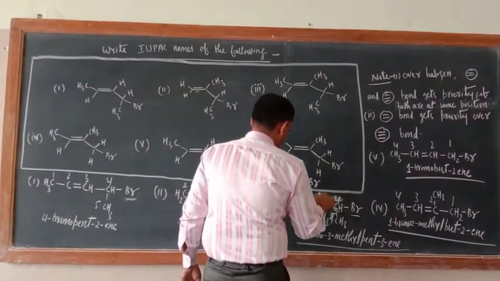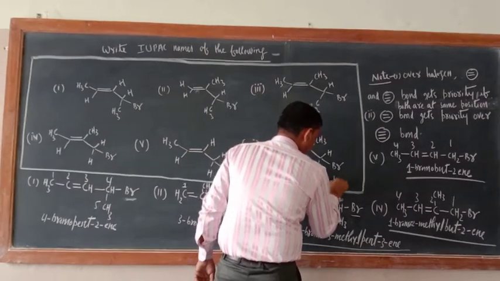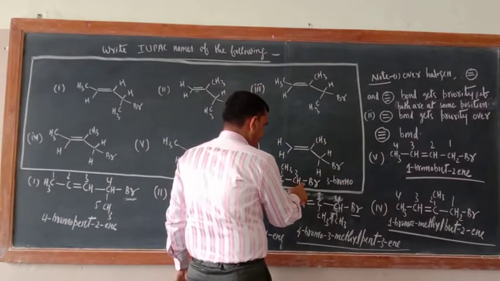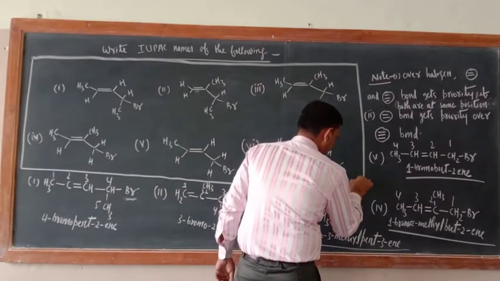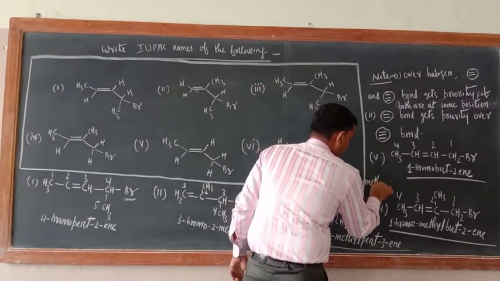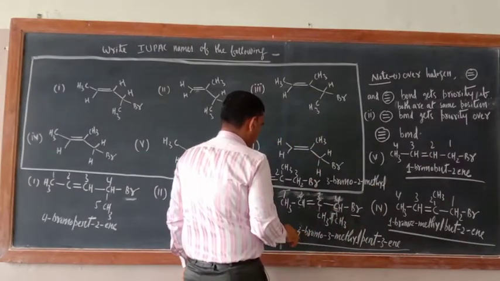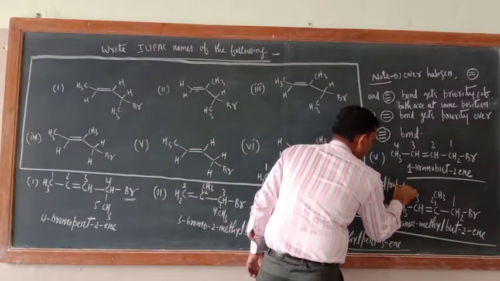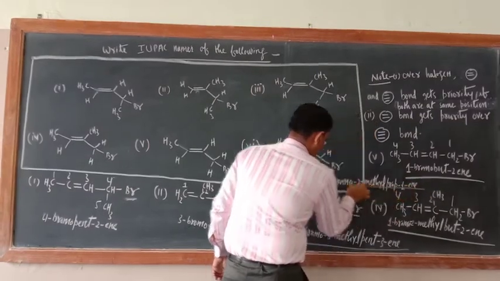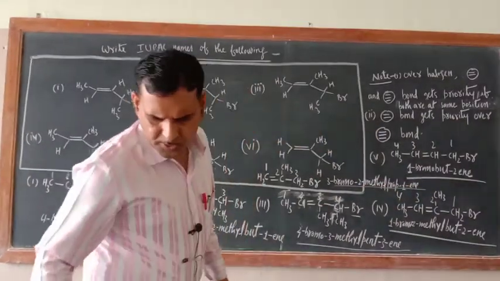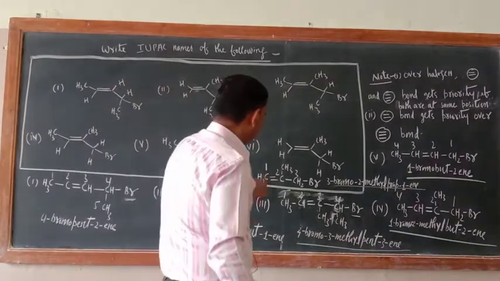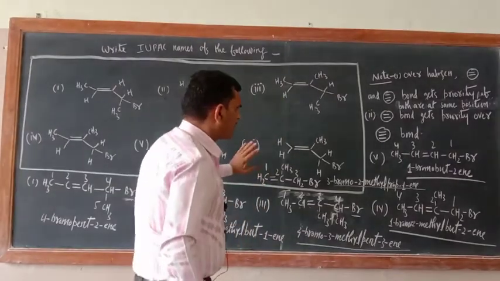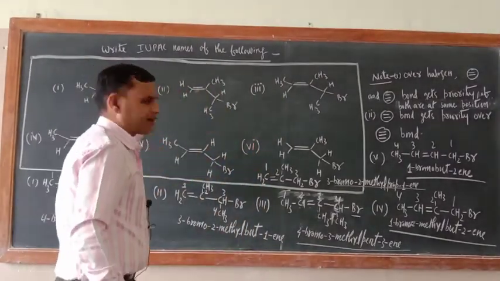So what is the name of this one? 3 bromo 2 methyl prop 1 ene. Okay, that is the answer. 3 bromo 2 methyl propane 1 ene. Even 1 ene is not required, propane you can write. Okay, so in this way you should name it.